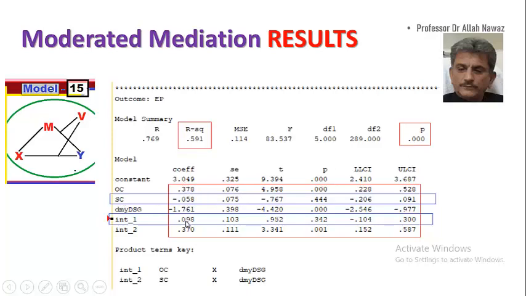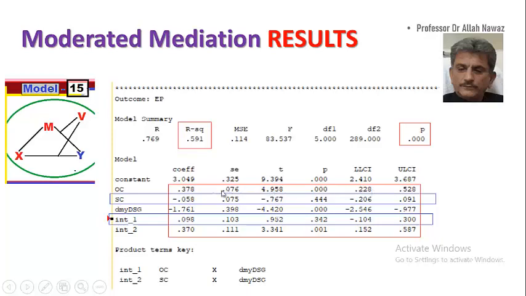And in the coefficients, we can see that organizational culture is significant with 0.378 as the value. The t-score is 4.9, greater than 1.96. The p-value is also significant, and the lower and upper limits of the confidence interval are also falling on the positive side, so there is no 0 in the range.